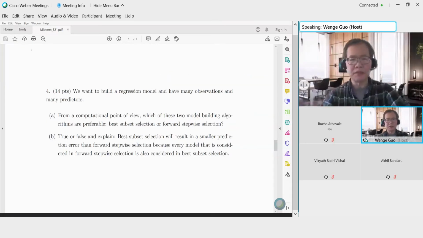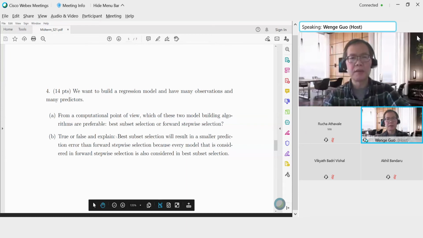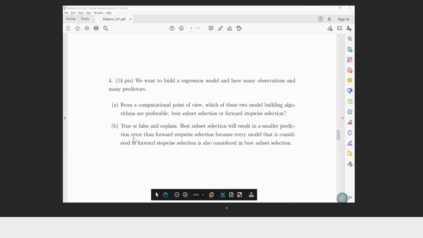Oh, that's a little bit slow. Professor, can best subset and forward stepwise selection give the same result after a given k number of predictors, like k number of subsets? Not really. I will explain for you.